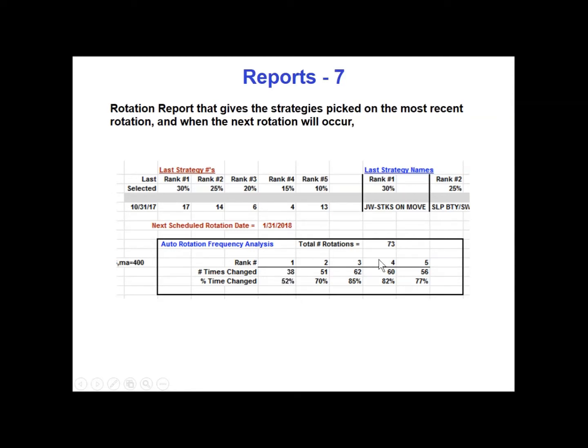So in this case, there were 73 rotations over this 17-year period or whatever. And the number one position changed 52% of the time. The number two changed 70. So that says the number one was pretty solid, but these others are changing all over the place.